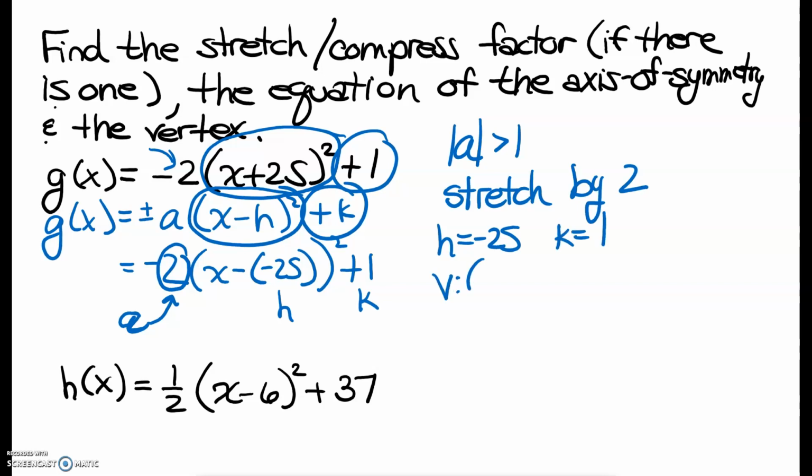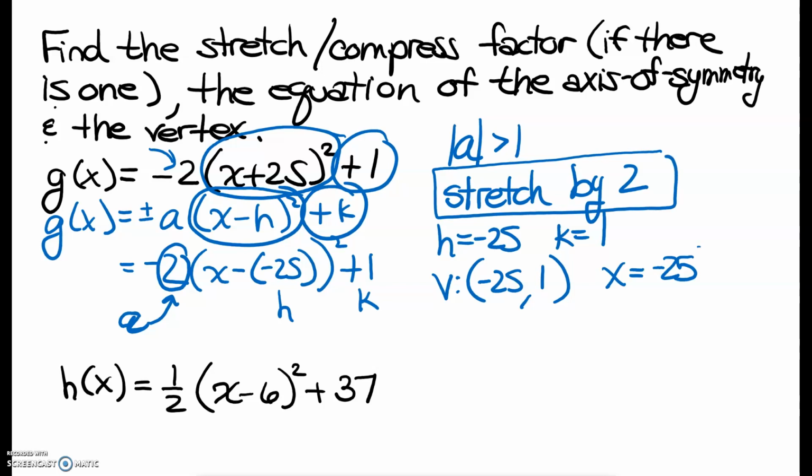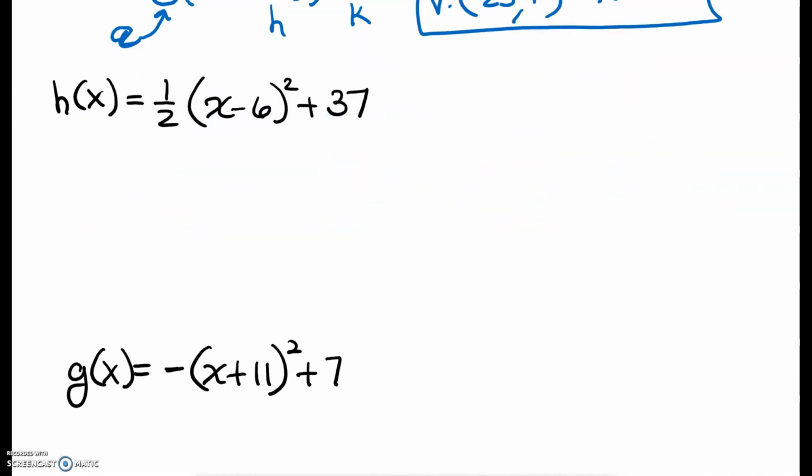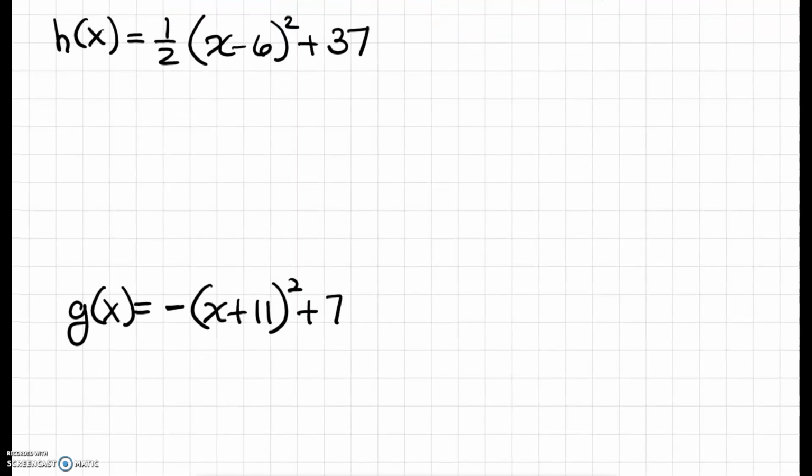So my vertex is h comma k. And my axis of symmetry is x equals h, or negative 25. All right, so I have all of my answers here. So let's do the next example.